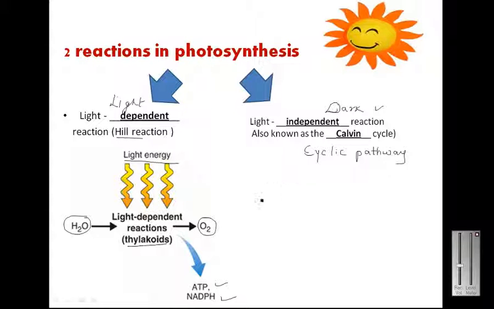So the water contributes in the formation of oxygen, and it also releases ATP and NADPH. These are energy molecules, and they will be used in light independent reaction. They will help in the formation of glucose in this reaction, as we can see here.